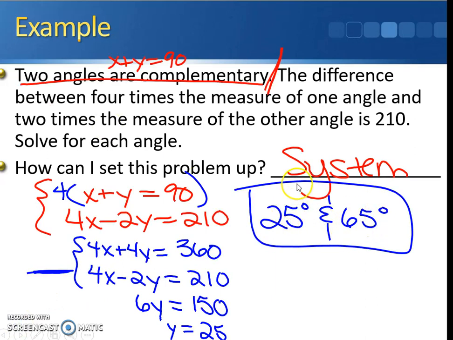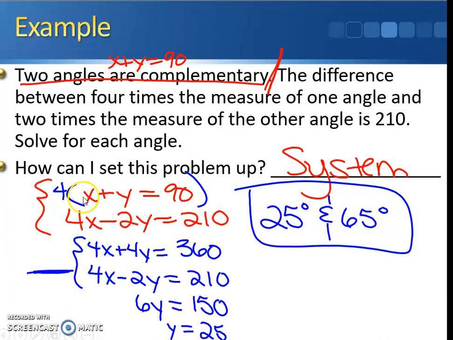So I'm going to use a system. System means x and y. So first I'm gonna make x the first angle, y the second angle. Two angles are complementary, so x plus y equals 90. The difference between 4 times the measure of one angle and 2 times the measure of the other angle is 210.